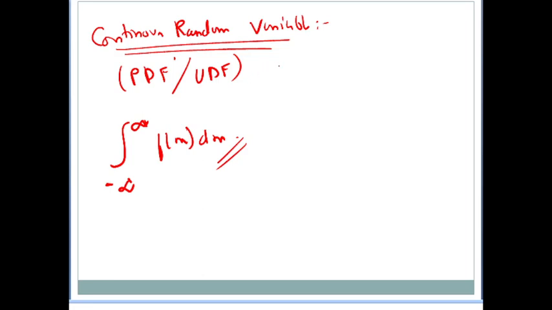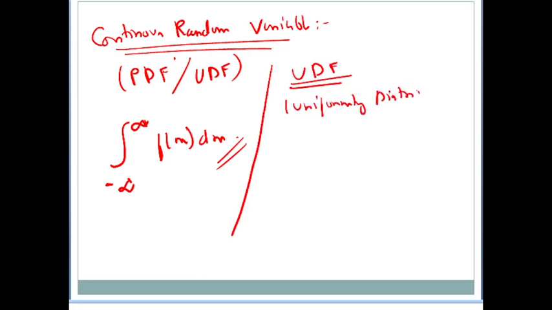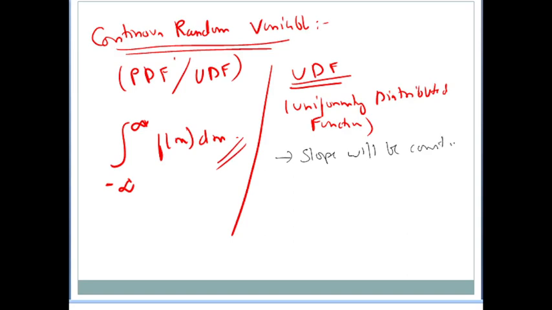Okay, so now what will happen in case of UDF? UDF is the uniformly distributed function. In case of UDF, the slope will be constant. So what can we witness in case of UDF?